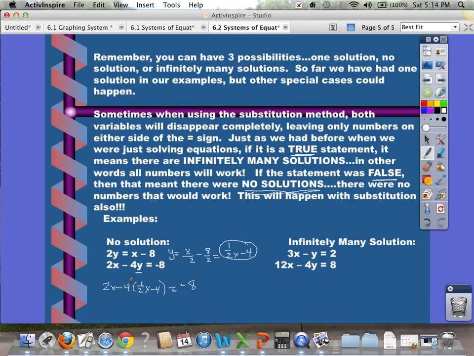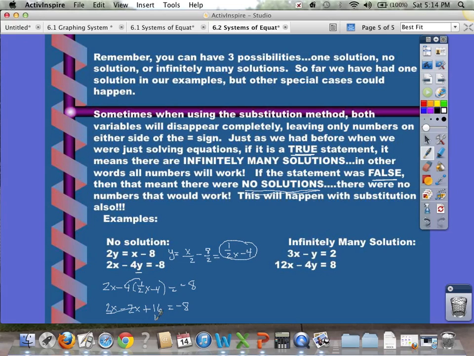Got to do some work, got to distribute first. Negative 4 times a half x is going to be, let me bring down a 2x, negative 2x, and negative 4 times a negative 4 makes a positive 16 equals negative 8. All right, well, this is 2x, take away 2x, they're just gone. Now my variables are all gone.